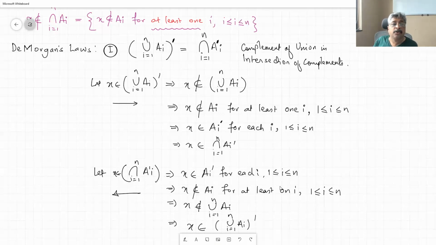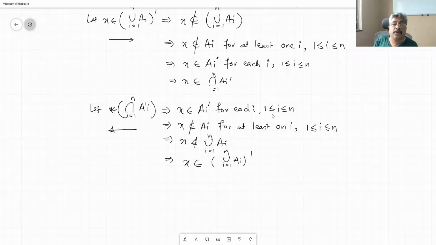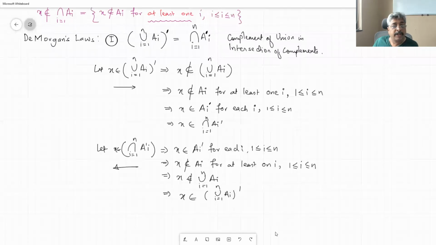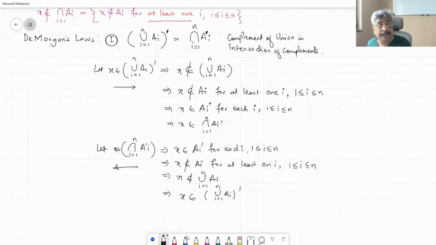Okay, so this is first part of De Morgan's law. Second law is what?